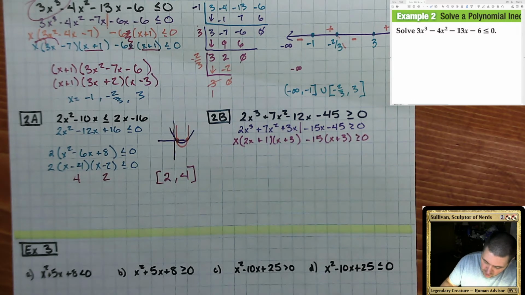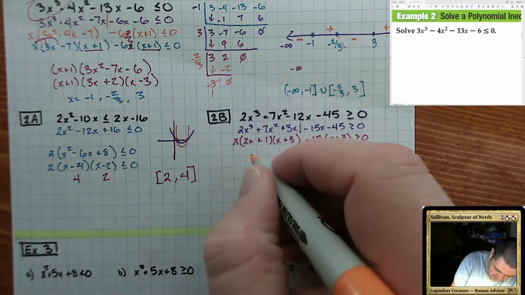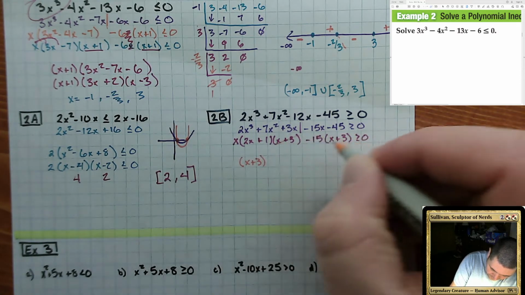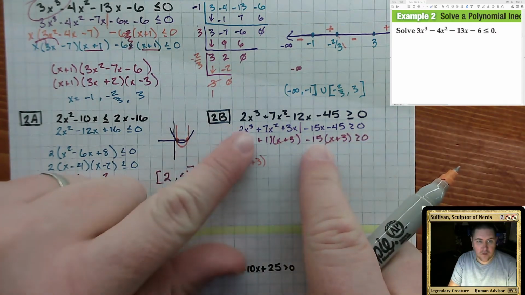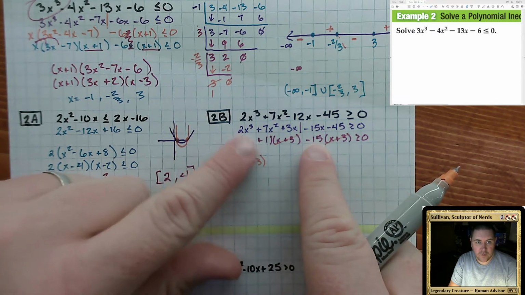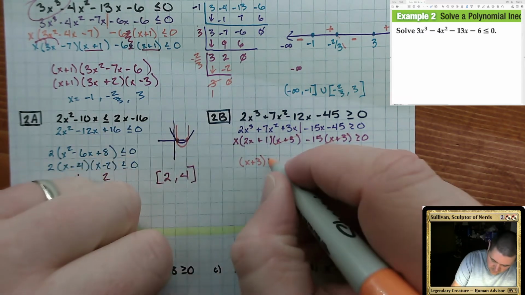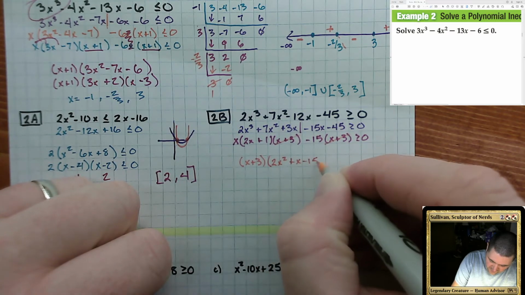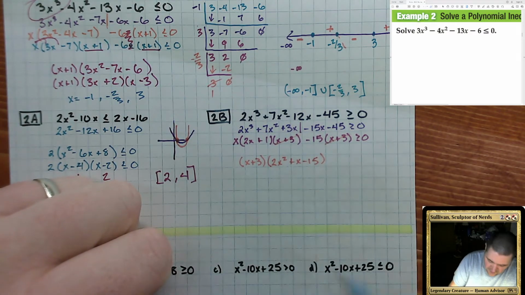And sure enough, they have an x plus 3 in common. So all this stuff left, I'll distribute this x back in. 2x squared plus x minus 15, which is again factorable.